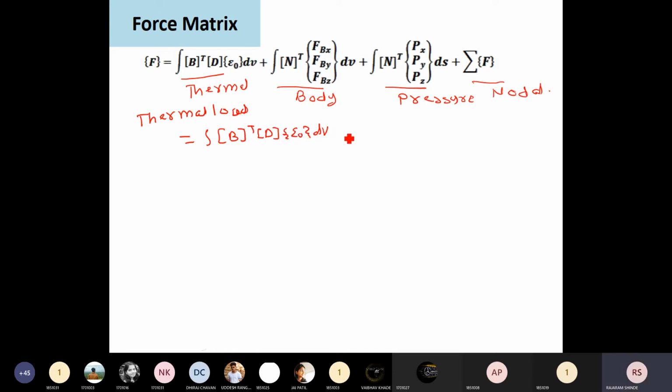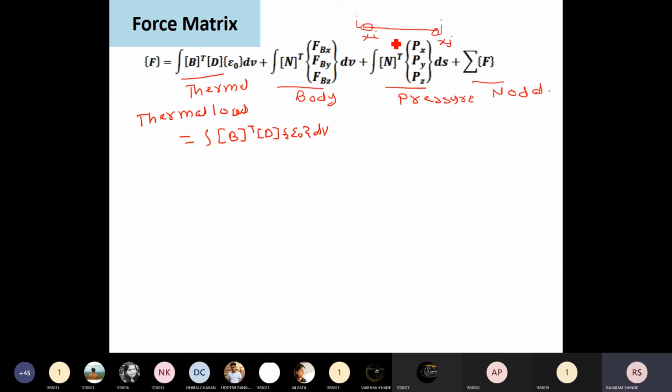Now the same thing we will repeat here. Here we have to take the one dimensional element, with two nodes. We can call them 1 and 2, or i and j, and this is your xi, this is your xj.